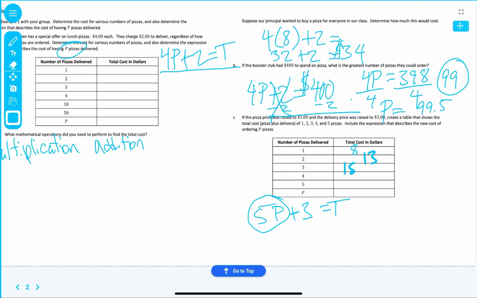So that'll be 13, 18, 23, 28. And then we would just have our equation here, 5p plus 3. Now, if you don't trust me on that, you can plug each one of these into p and get your answer there. Okay? And that is it.